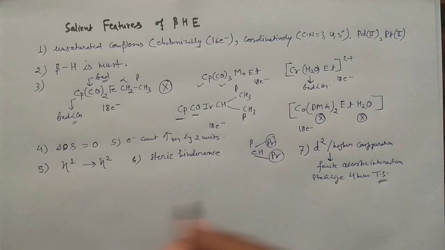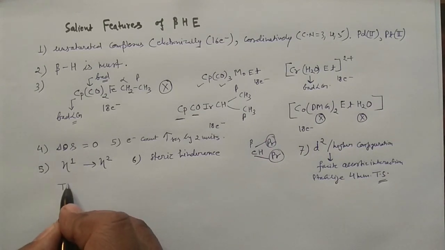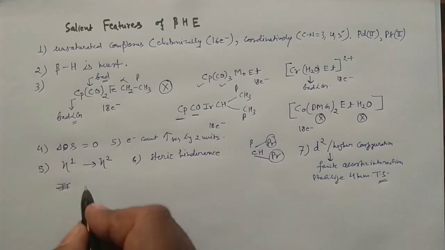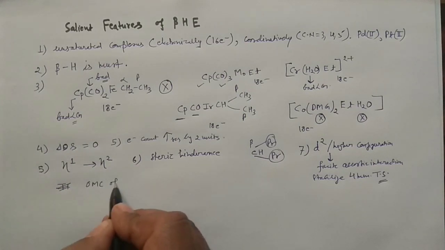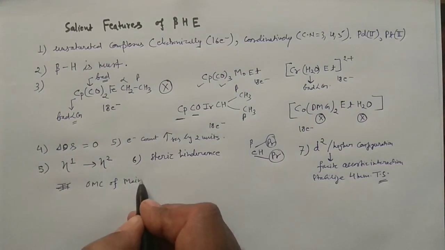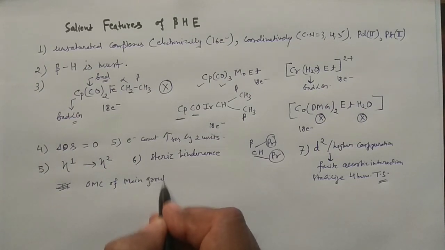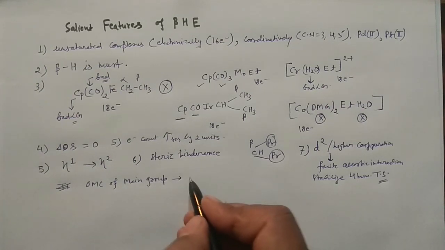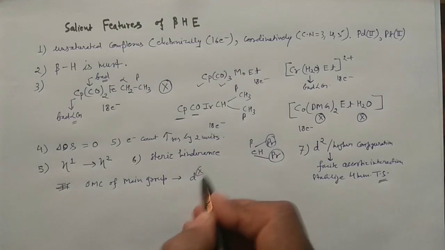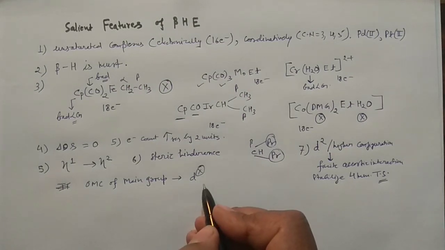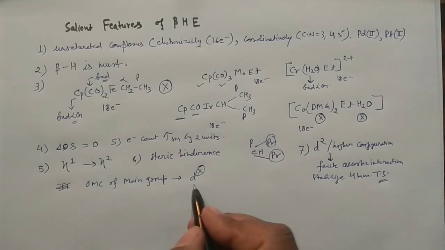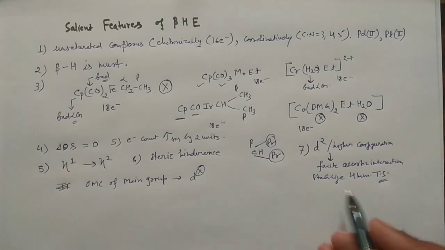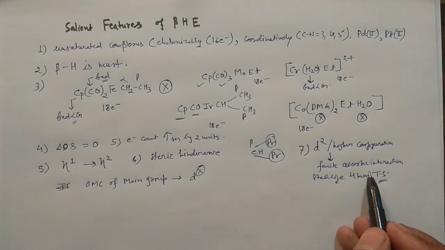Say for example you have organometallic compounds, OMC, of main group elements. So they will not have any d electrons. When they do not have d electrons, they cannot facilitate the agostic interaction.